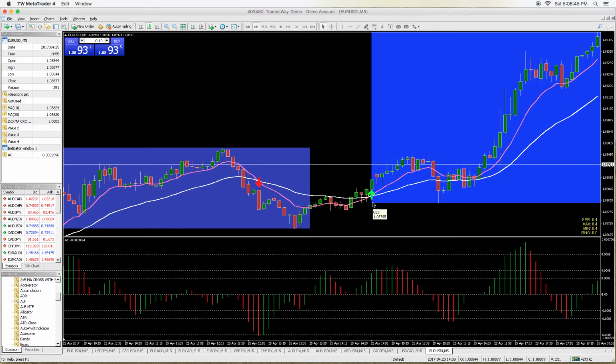is right here, and on this one our accelerator oscillator has a reading of 2.5, okay, and we're waiting for a pullback within a pip or so of the 10. So on this one right here, the low of this bar is 86.1 and the 10 is 84.7.